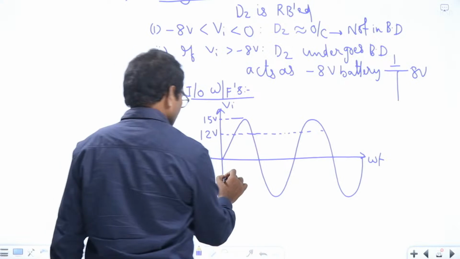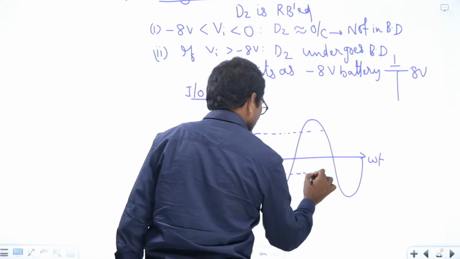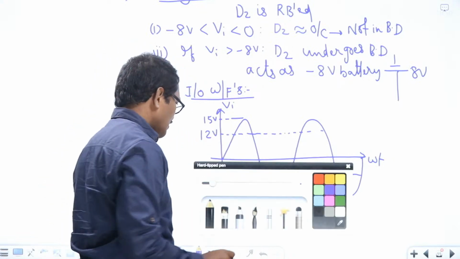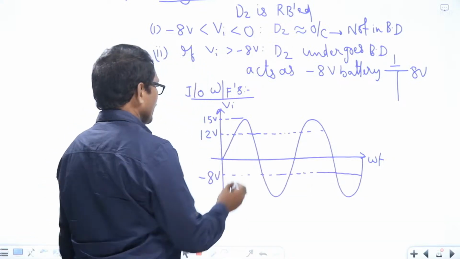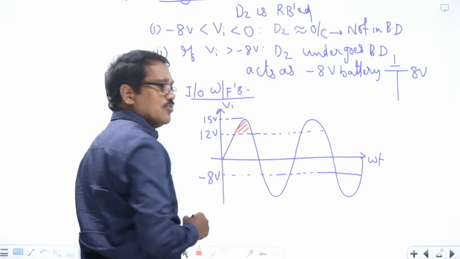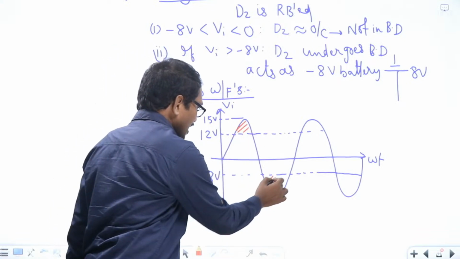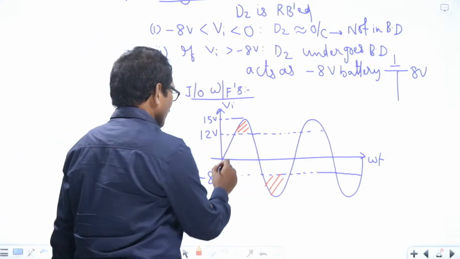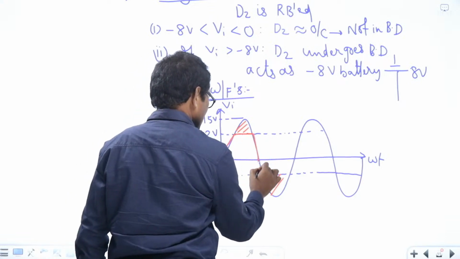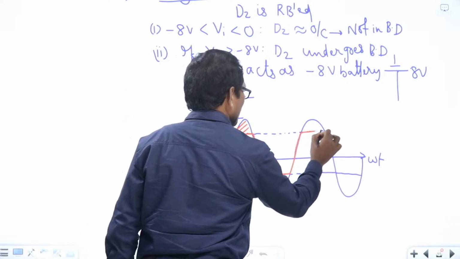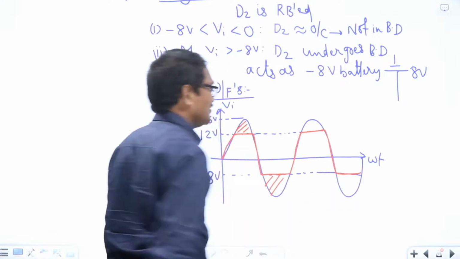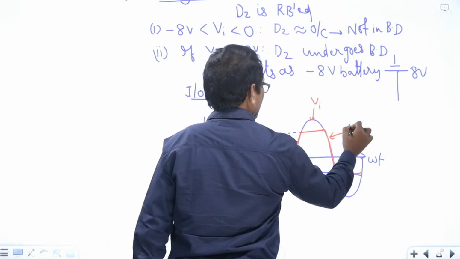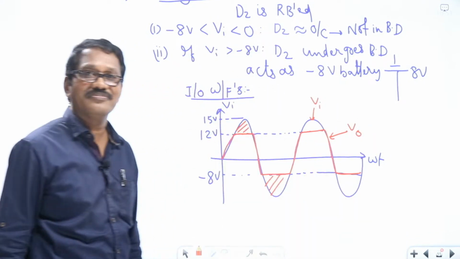For the negative half cycle, -8 volts. The portion above 12 volts is removed, and the portion below -8 volts is also removed. Finally, this portion will be applied across the output terminals. This is the input, and this is the output waveform.